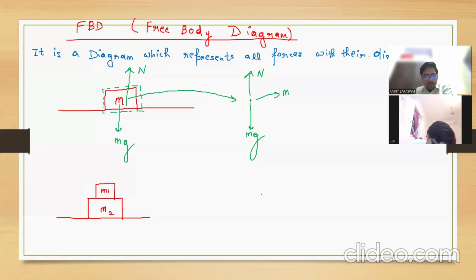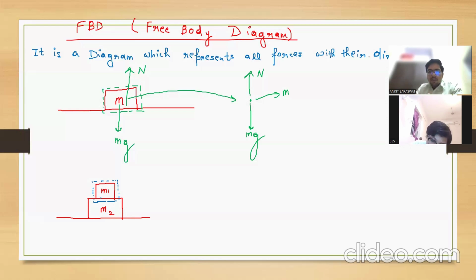First, you take M1 as the system. Now remember one thing in the free body diagram: we are denoting all the forces that are acting on the system. We are not at all interested in the forces within the system.